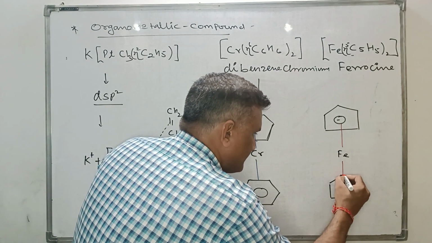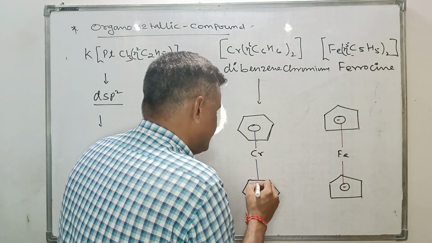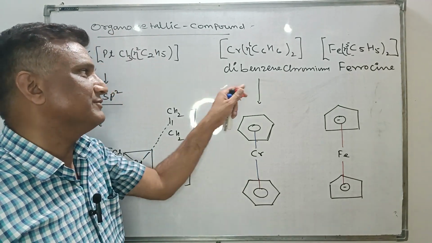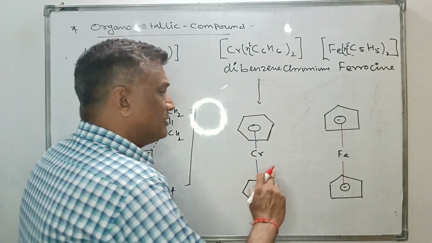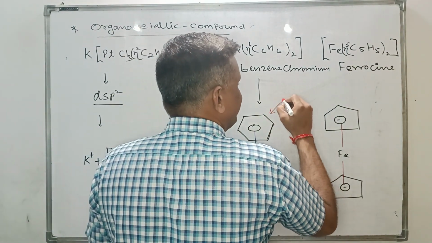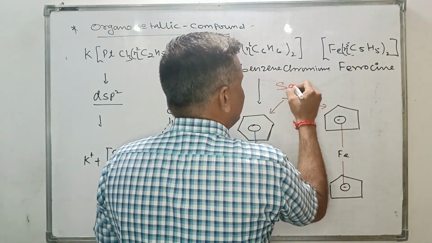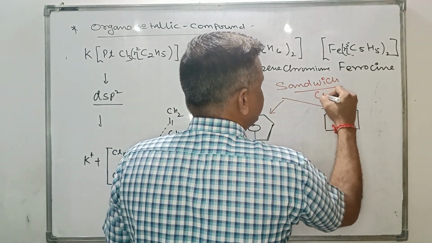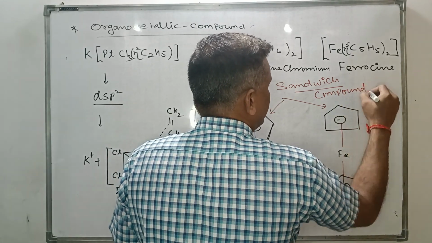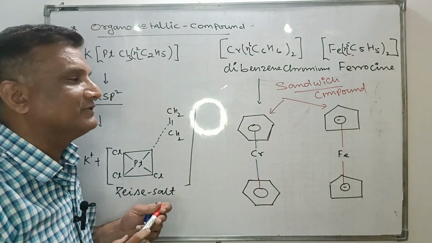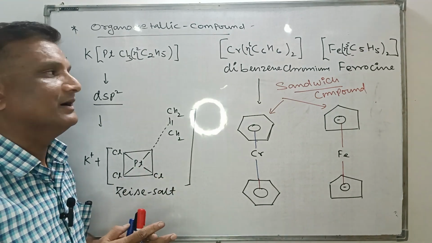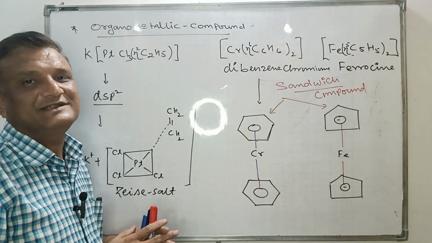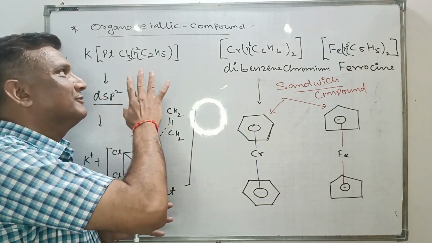These are the structures of dibenzene chromium and ferrocene. Both look like a sandwich, that's why they are also called sandwich compounds. So this was the important part about pi bonded complex compounds, or pi bonded organometallic compounds.